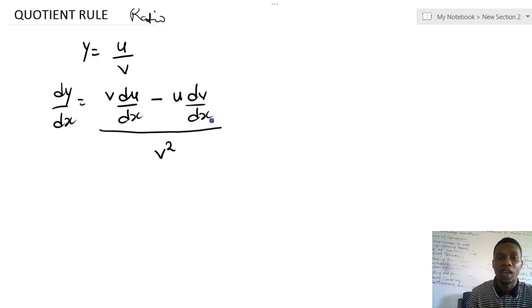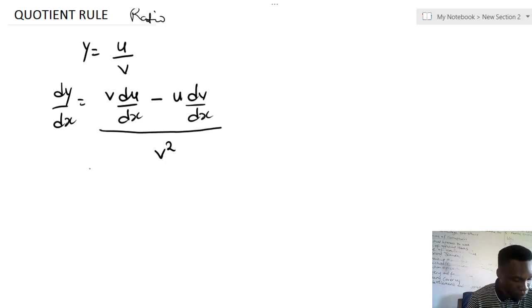This is the formula for the quotient rule. When you see a quotient division like this, you use the quotient rule to find the derivative. Now I would like us to start solving questions.